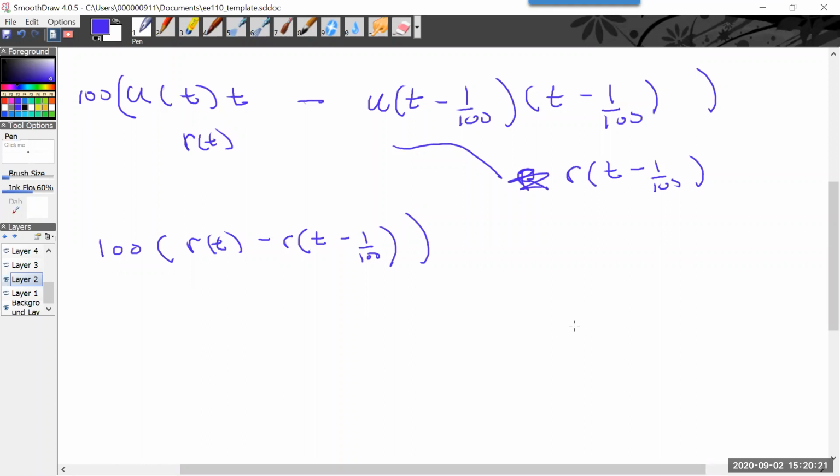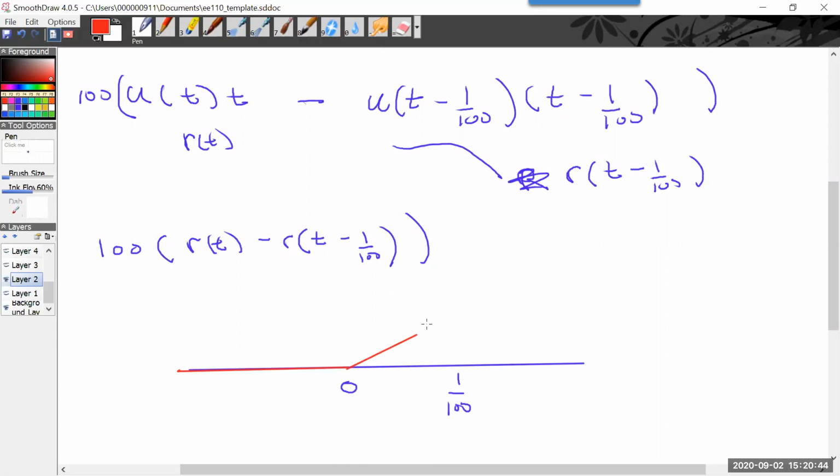Now, what does that look like in time? Is that we have this ramp function, nothing.